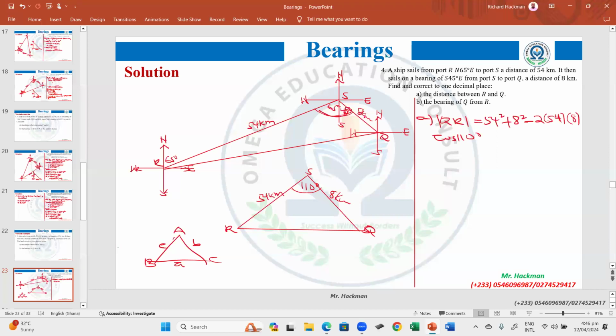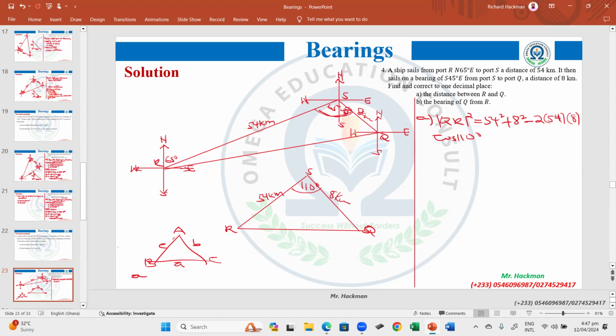So if we are looking for a, please take note: is this squared or not squared? It is squared, right? So if you want, you can write the square root here. It's the same thing.